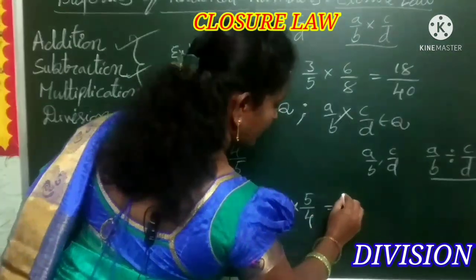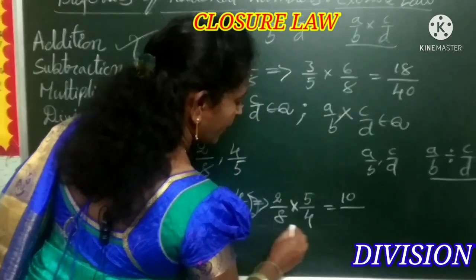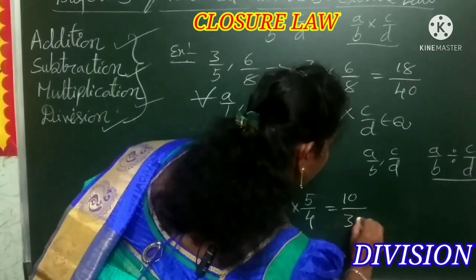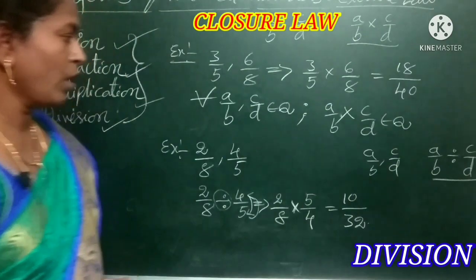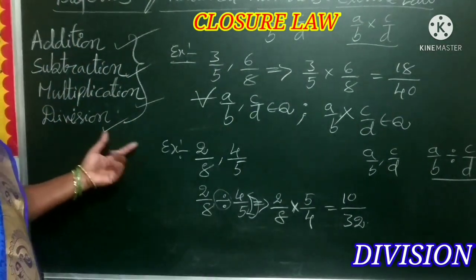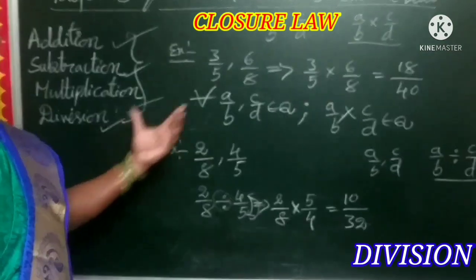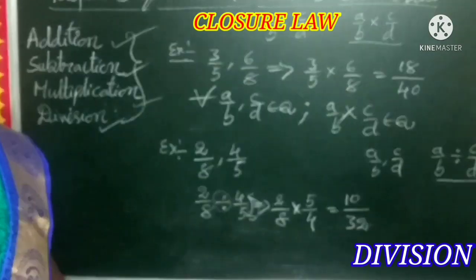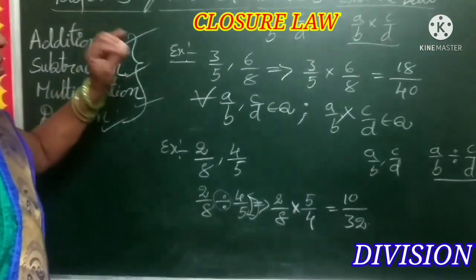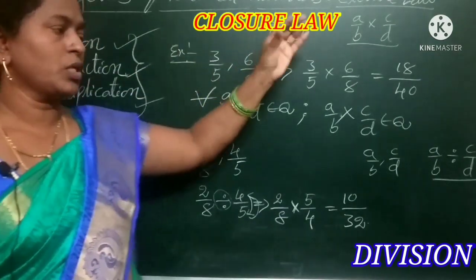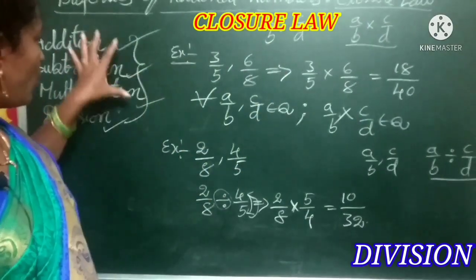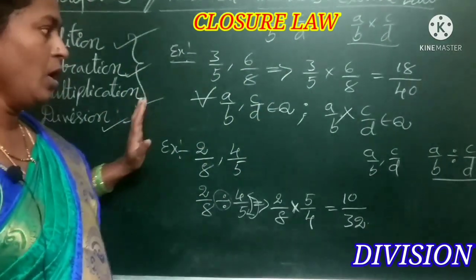So 5 twos are 10 and 8 fours are 32. Means division is also under the closure property, right? So in the rational numbers closure law, the four fundamental operations are completed.